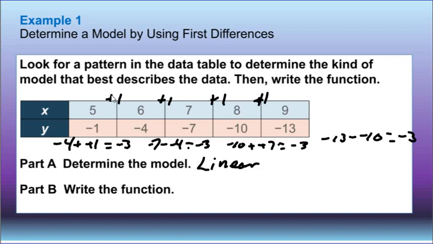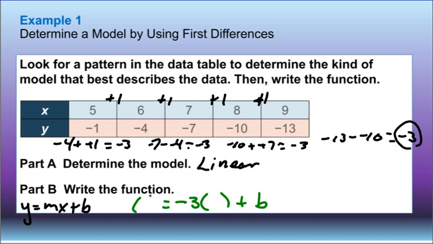And now we can use that to write our equation. We know that it has to be in y equals mx plus b format. We found our slope. Our slope is -3. So if I put -3 in for m, I need to choose an x and y coordinate so I can find my b. And it doesn't matter which one you choose.